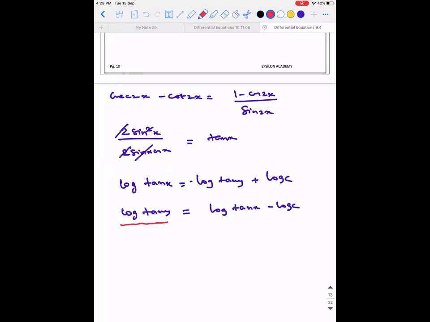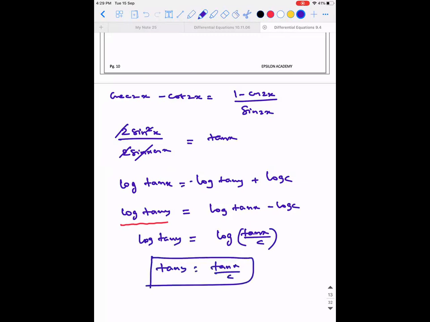Because in your textbook, every answer will be given as y is equal to something. So I need only y on the left hand side, all other x and constant terms on the right hand side. If I do this, then log of tan x divided by c is equal to log tan y. Then what can we say? Tan y is equal to tan x by c. So this will be the required general solution.